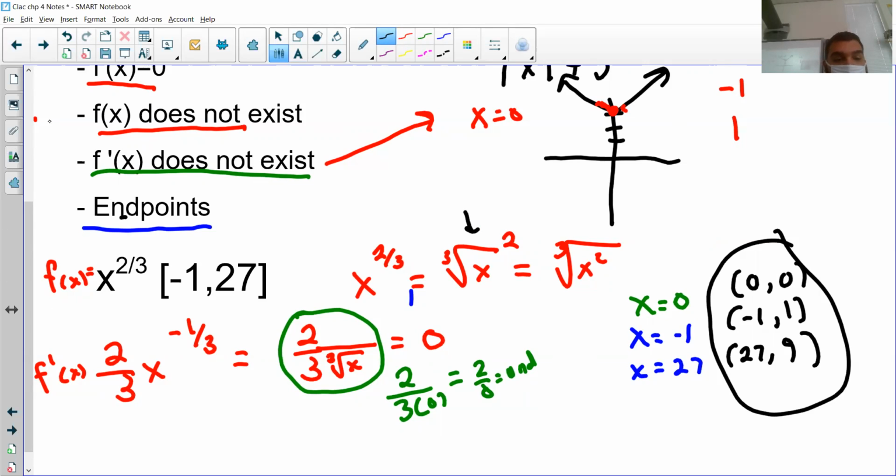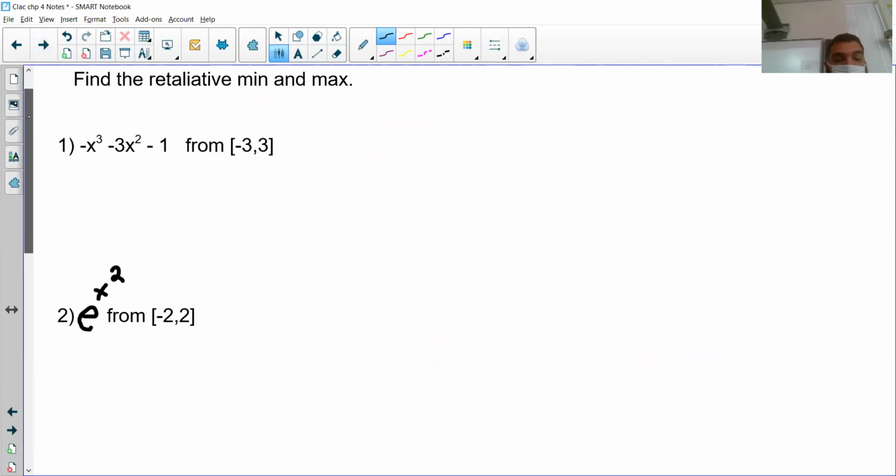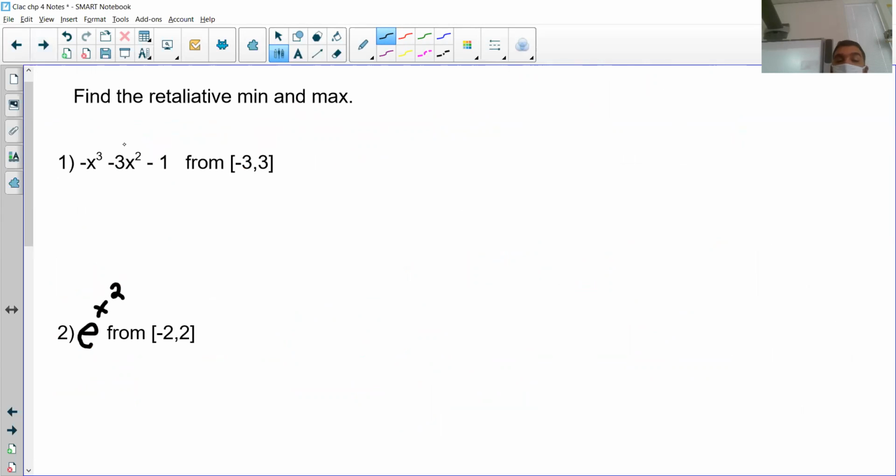Let's go to another example. Maybe this one will be more straightforward. We have a polynomial equation right here: negative x to the third minus 3x squared minus 1. We have to check 3 points.